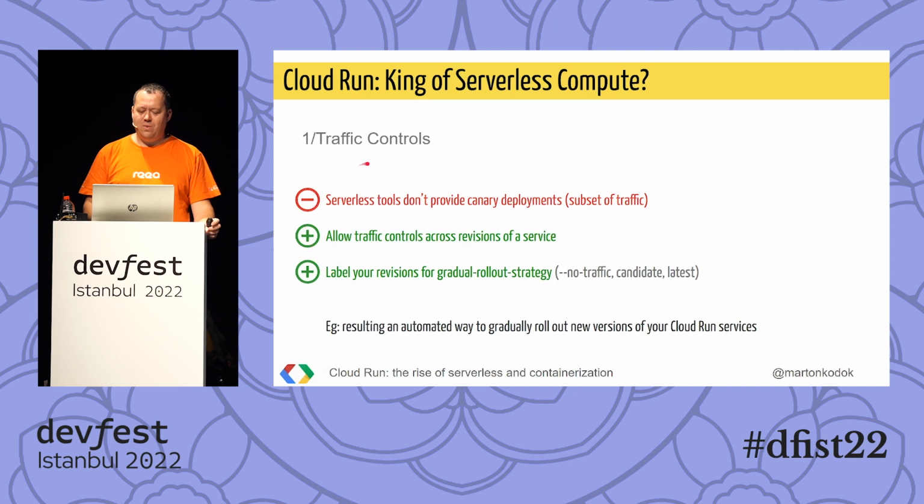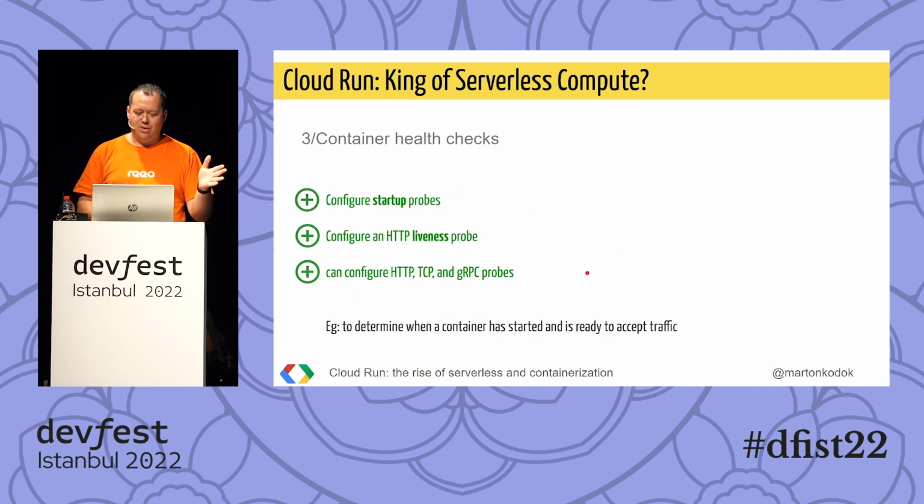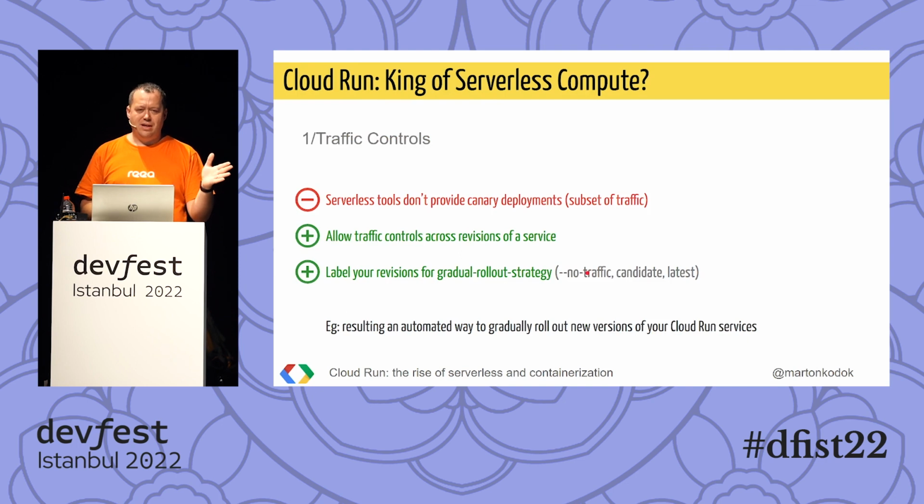Well, in a function environment, serverless tools didn't provide canary deployments. So you could not deploy a version that didn't get traffic. In Cloud Run, you can deploy a version, or a revision, let's call it revision because that's better. You can say it has no traffic, but it's ready. You get a special URL for it. Why is it good for you?